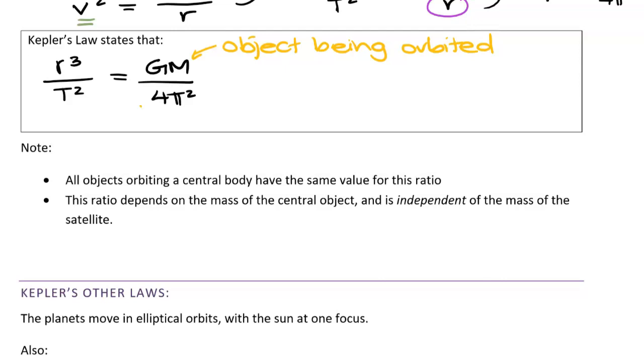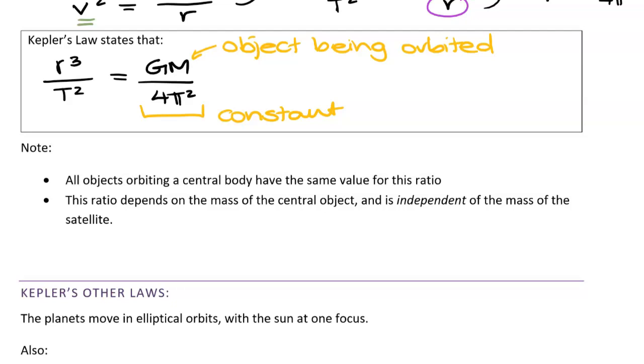And that value is constant. So it doesn't matter whether we calculate r cubed divided by T squared for the moon or a GPS satellite or the International Space Station, so long as it's orbiting Earth, we will get the same number.